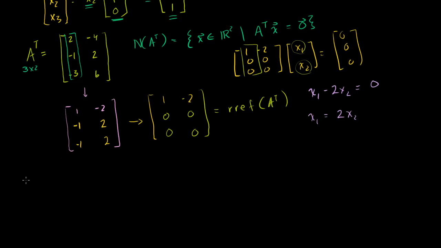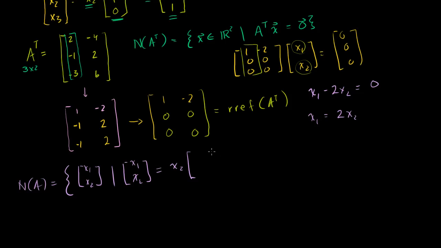Let me write it this way. The null space is going to be the set of all the vectors x1, x2 that are a member of R2, such that x1, x2 is equal to, well, our free variable is x2, so it's x2 times the vector. x1 has to be 2 times x2, and x2 is going to be 1 times x2.